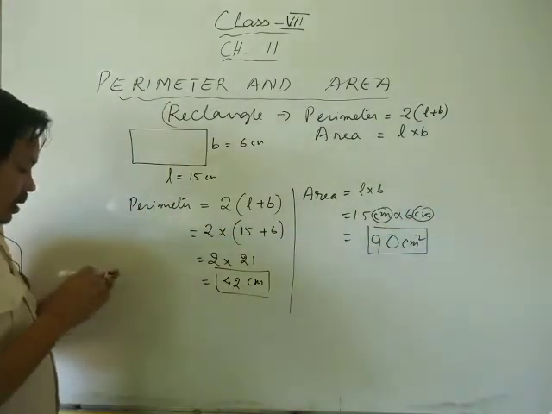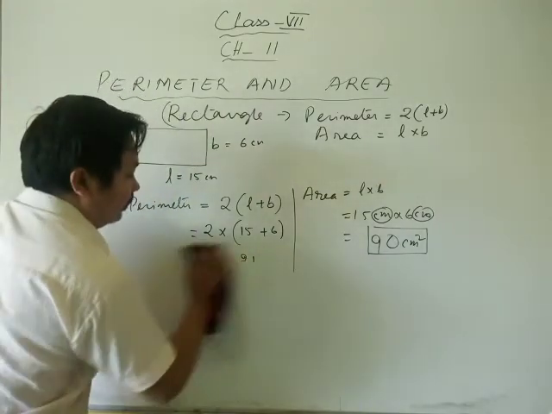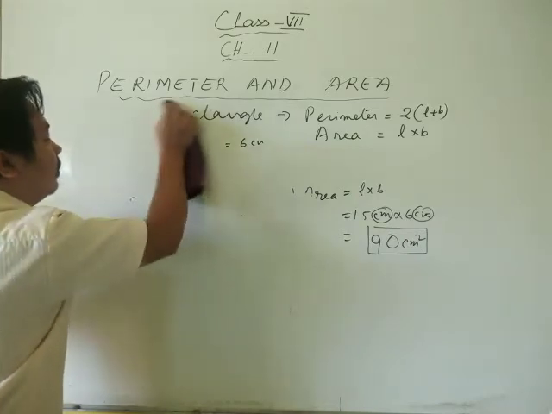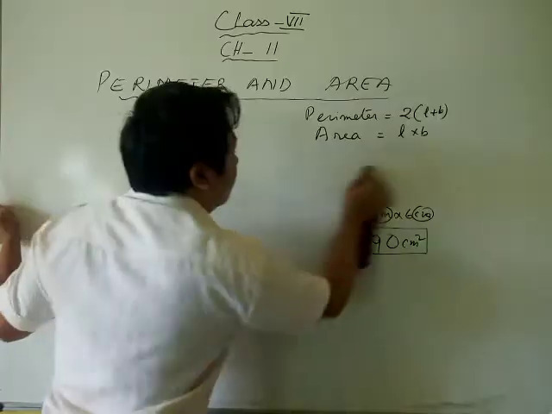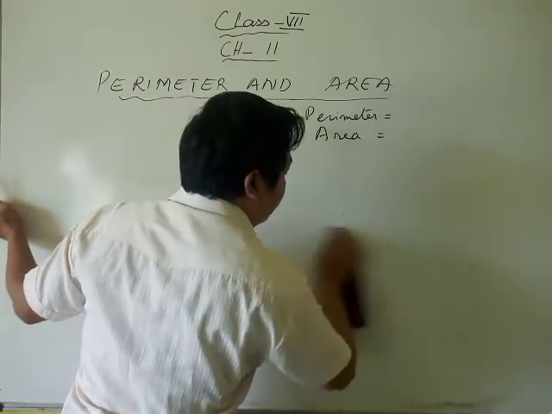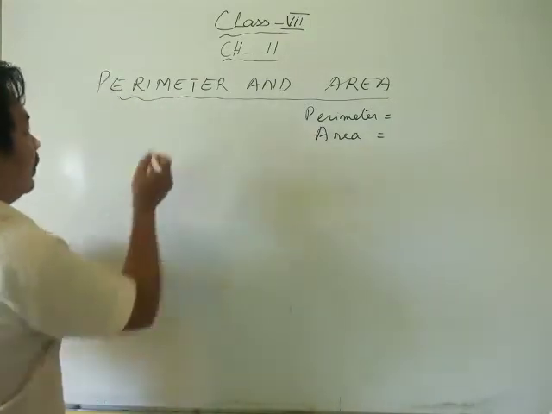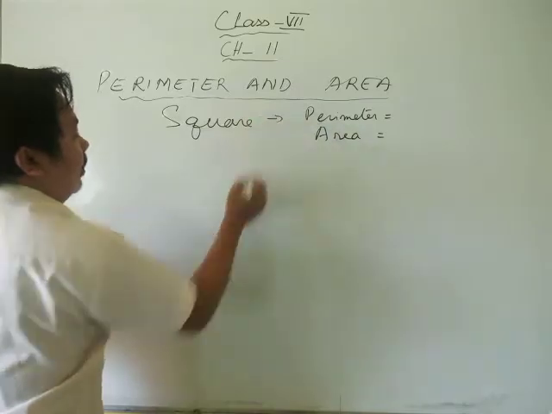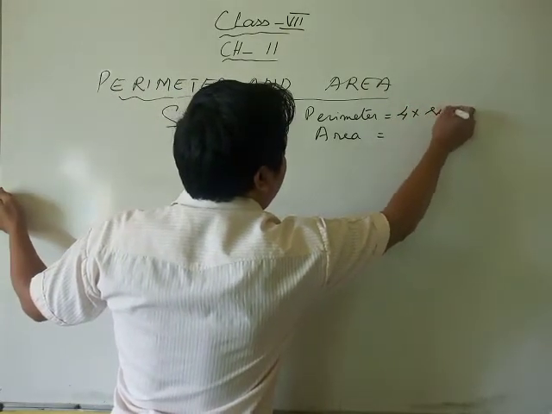So let's look at the square again. Now its perimeter will be 4 into side.